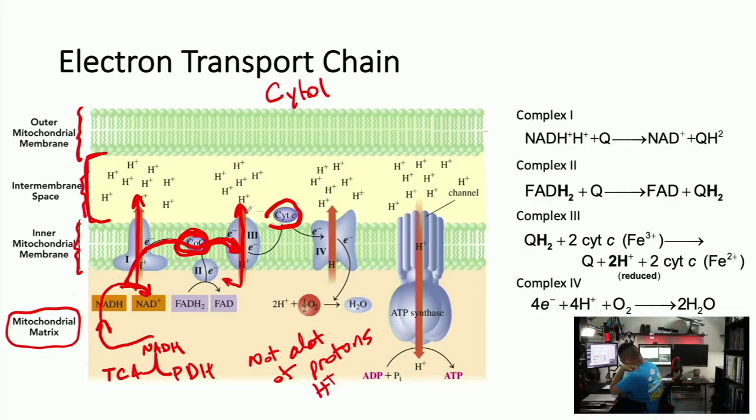So we're getting a huge accumulation of protons there, and the concentration of protons in the mitochondrial matrix is very low by comparison.